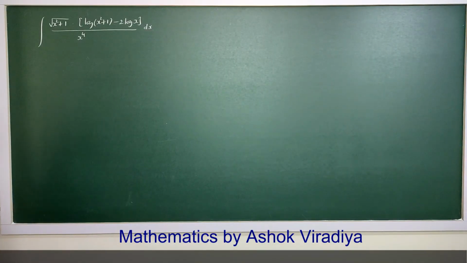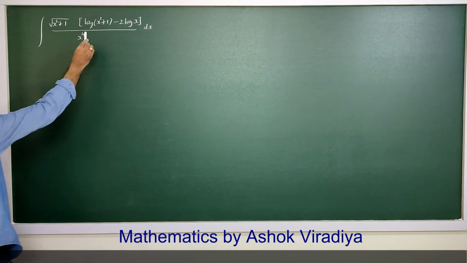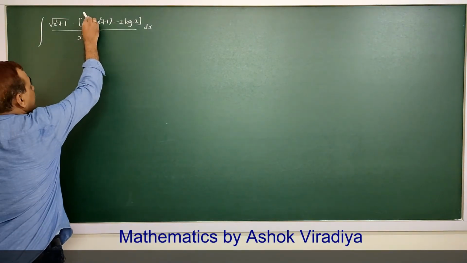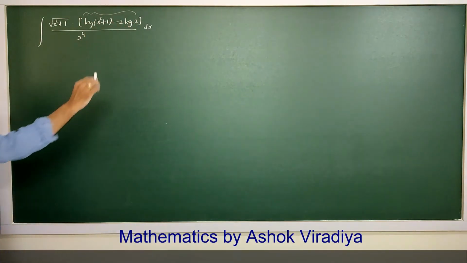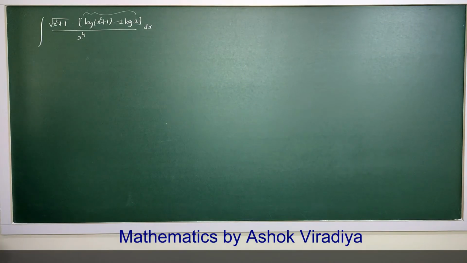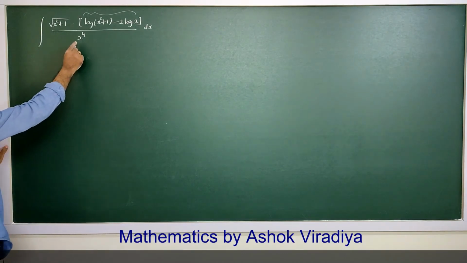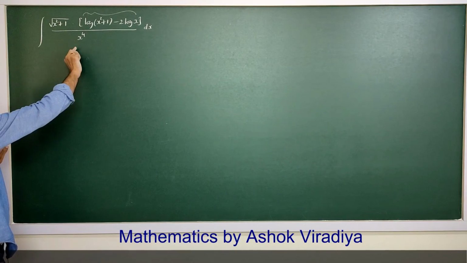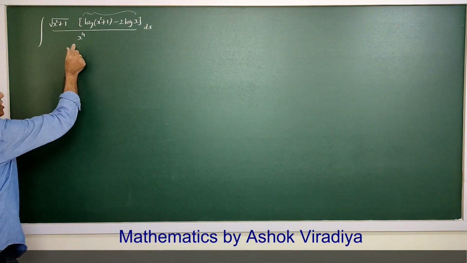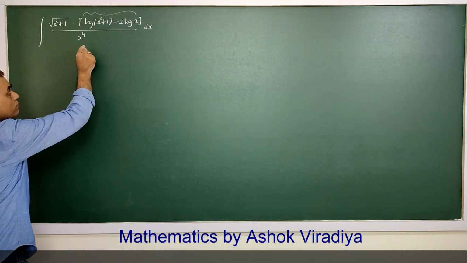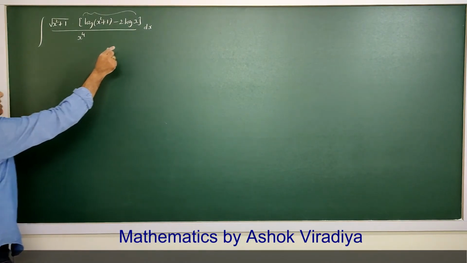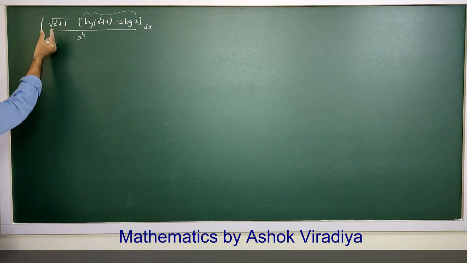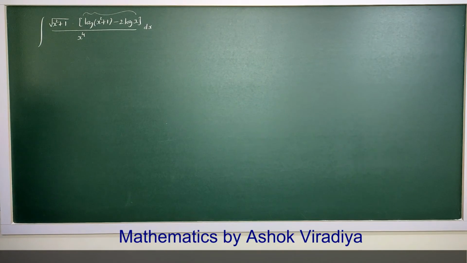Now say in this question, first of all we have to join these log terms, and after joining log terms, from this x raised to 4 we will separate x cube. X cube we are setting with dx, and x we are including in this radical sign.